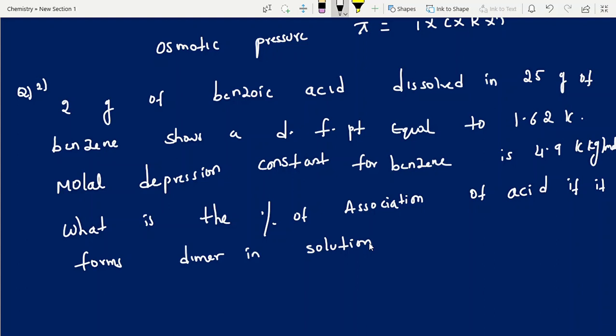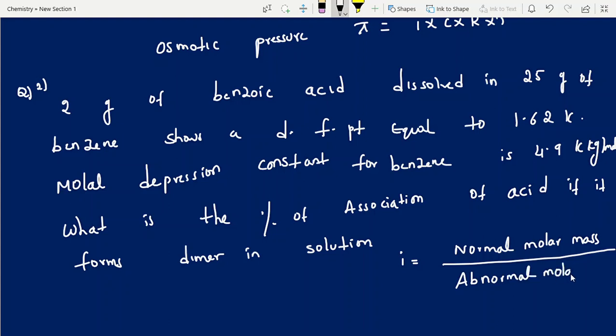See, students, what they're asking? In terms of molecular masses we have to calculate. In terms of molecular masses, what is the formula? i equals normal molar mass by abnormal molar mass.